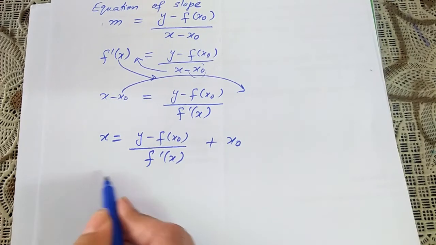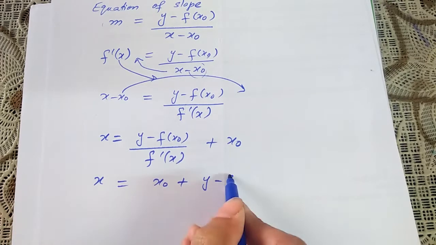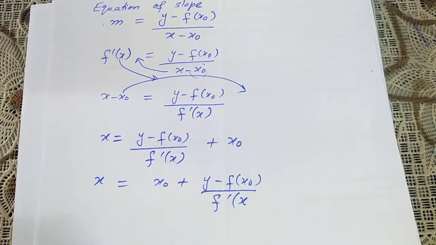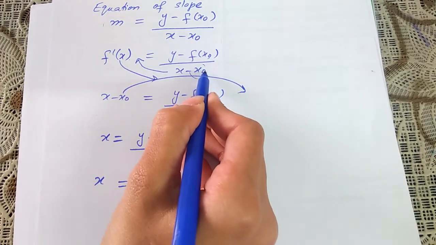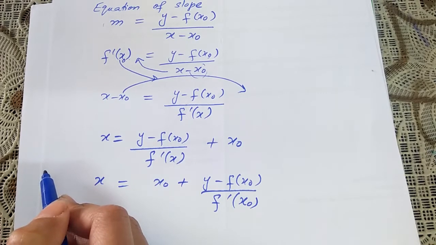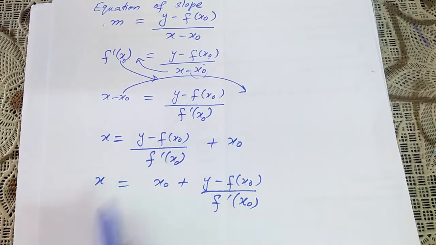Or we can also write it like x equals x0 plus y minus f of x0 over f dash of x0. This derivative value is basically at that particular point x0, so we write f dash of x0. So replace f dash of x by f dash of x0 here also.